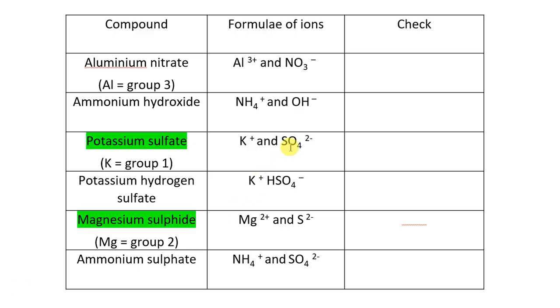Now for this one, what I've done is to give the formula of the ions. The more you use these formula of ions, the more familiar you get with them. My compound, aluminium 3+, nitrate NO3 -1, 3 nitrates needed for the aluminium charge to be cancelled out.